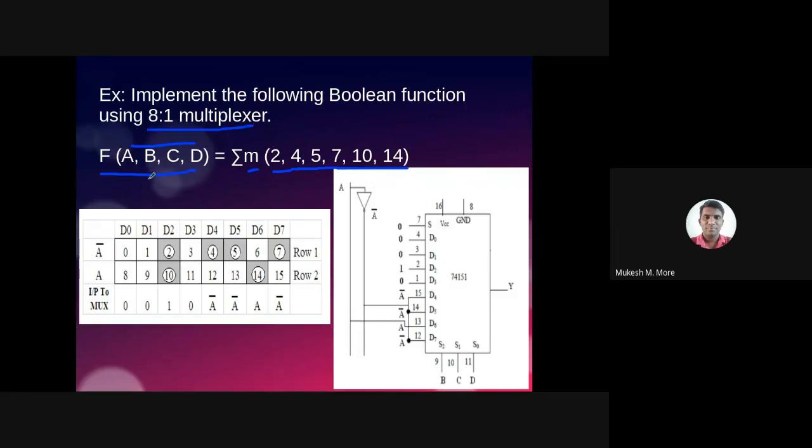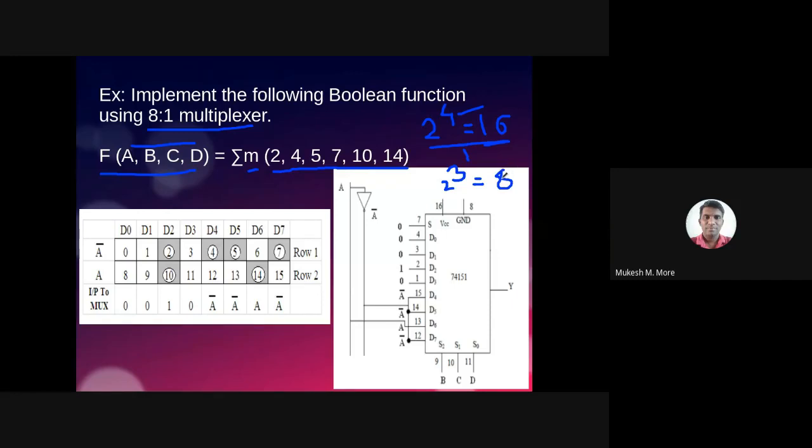As you know, by the formula, 2 raised to 4 gives 16 input lines and 4 select lines. So you have to convert this 2 raised to 4 equal to 16 into 2 raised to 3 equal to 8.